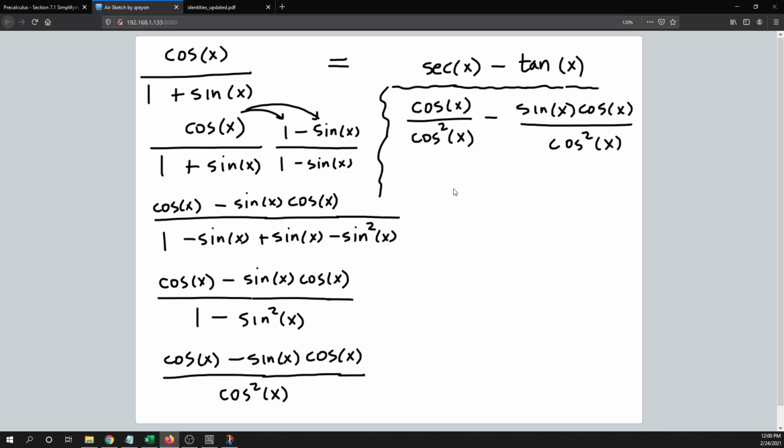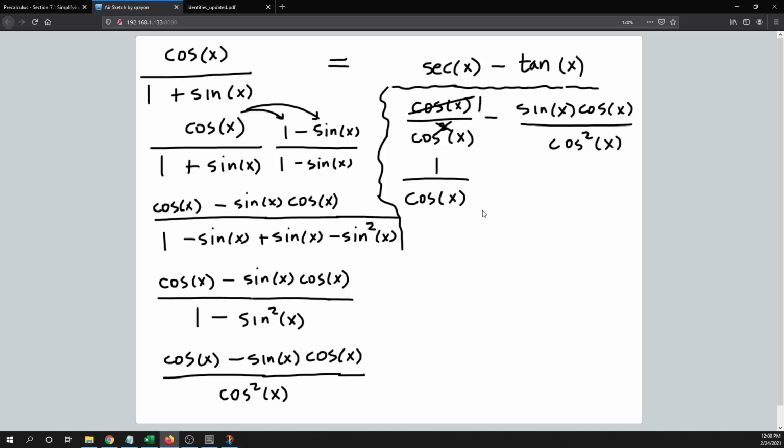Cosine x goes into cosine squared x one time. So I had 1 factor of cosine x on top, 2 on the bottom. I canceled 1 on the top with 1 on the bottom. That leaves me with just a 1 in the numerator and 1 factor of cosine x in the bottom.